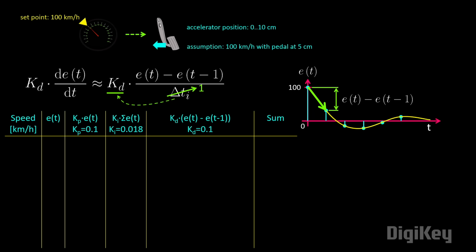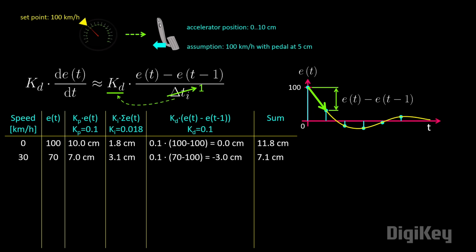At first, we accelerate very quickly from a stop. Note here that the derivative term is 0 as we do not have a slope yet. Once again, we make the assumption that we can only push the pedal to 10 centimeters. At 30 kilometers per hour, the integral term starts to increase quickly. However, because we are accelerating so fast, the difference between this and the last error terms dampen the current pedal position to 7.1.